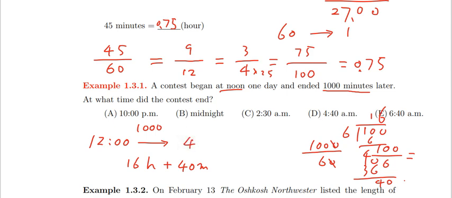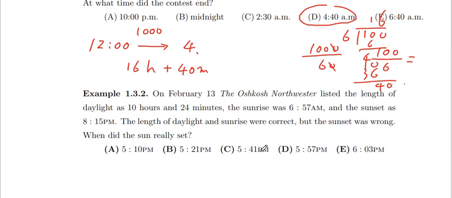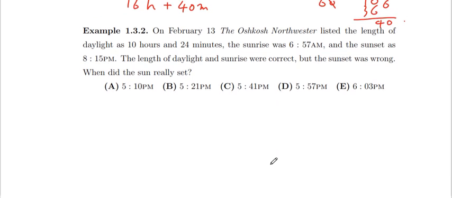Yeah, 4 in the morning. Then 40 minutes. So I think the answer is 4:40, right? Why is it 4? Because 12 is 1, so 16 minus 12 is 4. Okay. So this problem is quite the same as that one, so we just skip this.